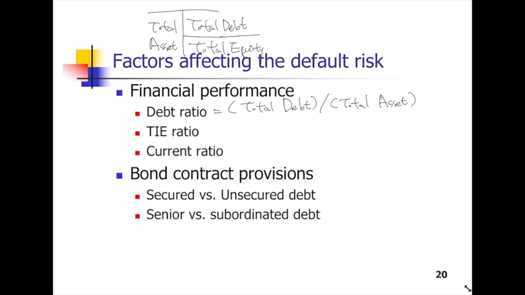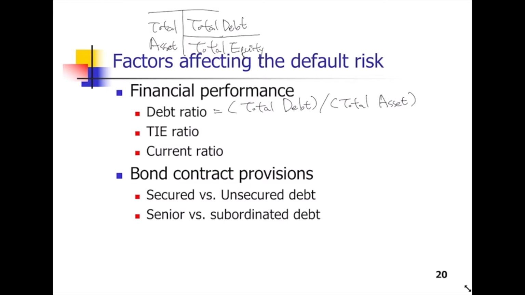Why does the debt ratio affect default risk? A high debt ratio means the firm has more pressure from interest because it has more debt, right? In this case, pressure means the ability to pay back money. So if the firm cannot pay back the money, the firm can go into default, right?